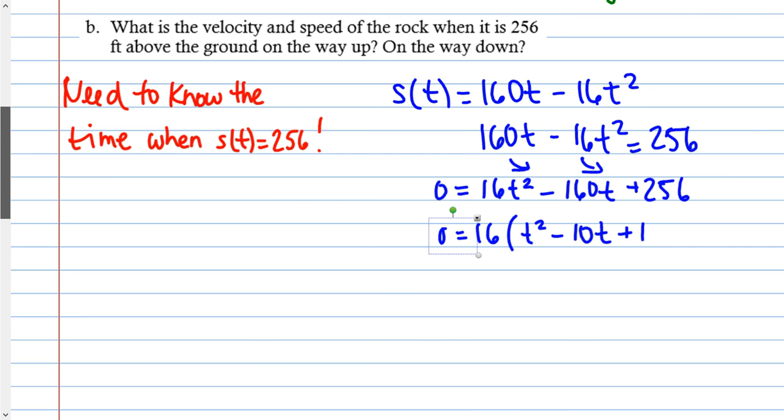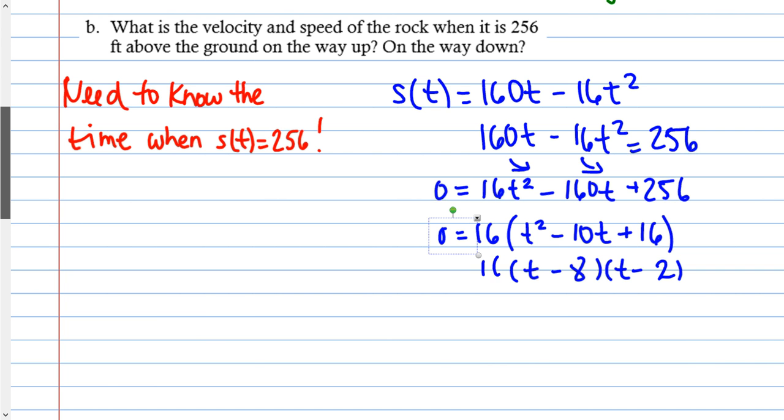So positive 16. And then so I can factor. I need two numbers that multiply up to 16, but add up to negative 10. So I have 8 and 2. If they're both negative, I get a positive 16, and they will add up to negative 10.